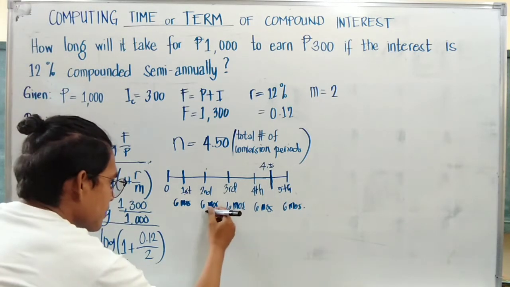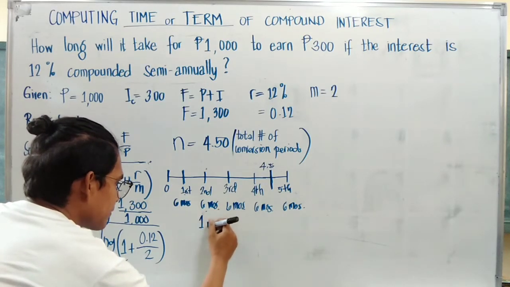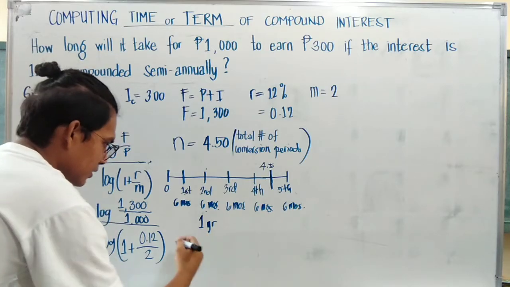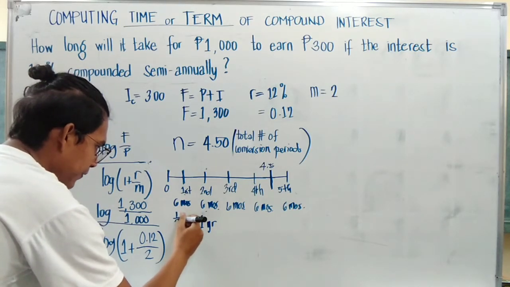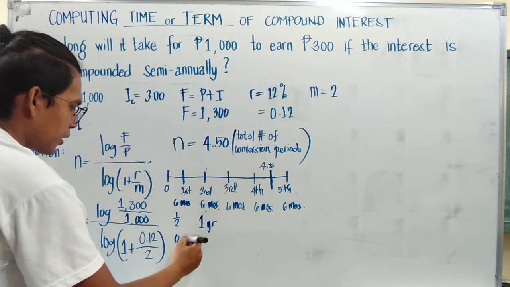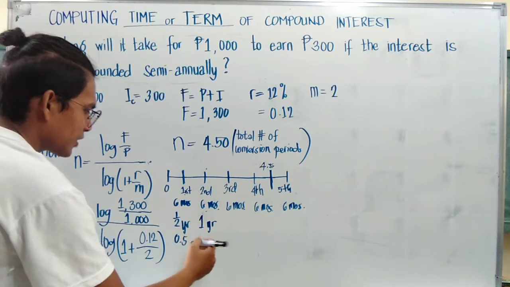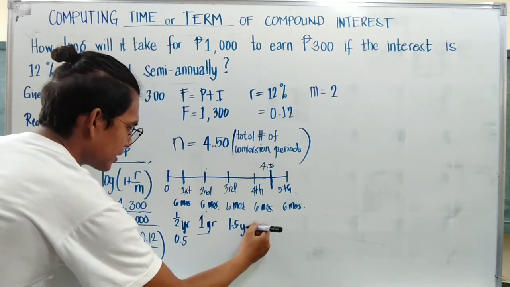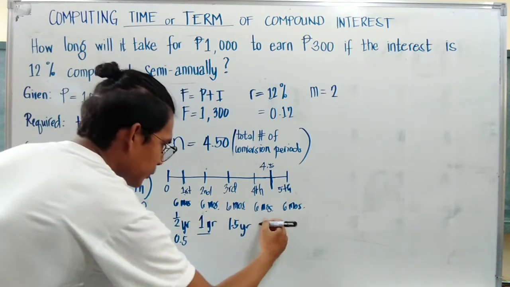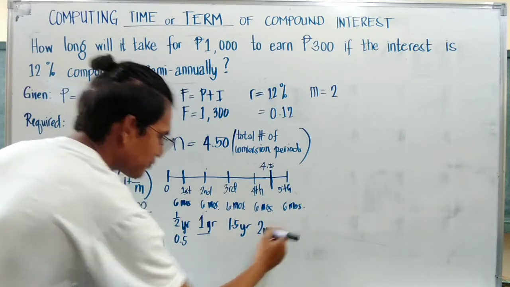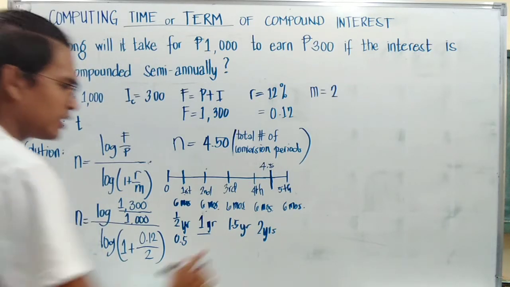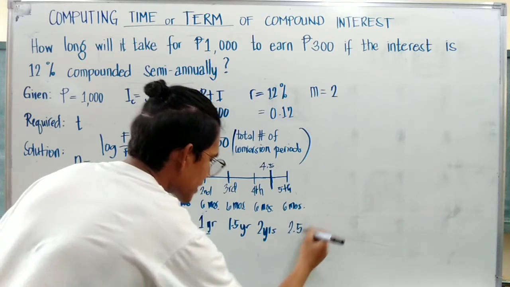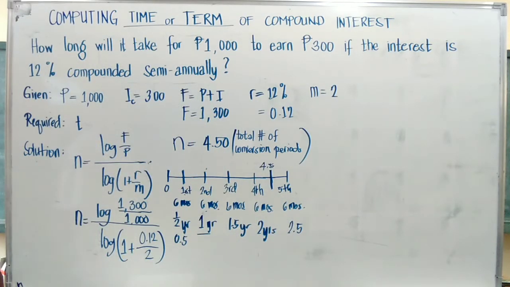So 6 months, 1 year, or shall we say 1/2 year or 0.5 year, then 1.5 years, or 1 1/2 years. Then we have 2 years, then 2 years and 6 months, or 2.5 years.